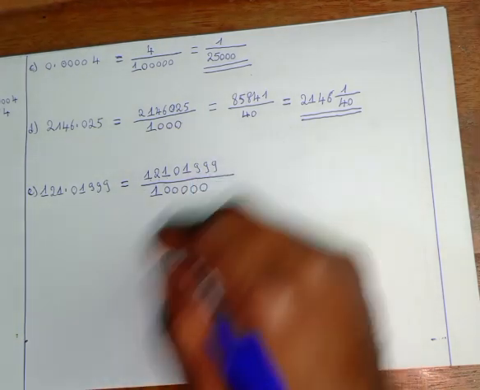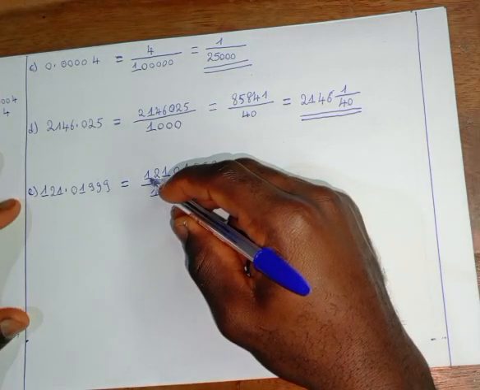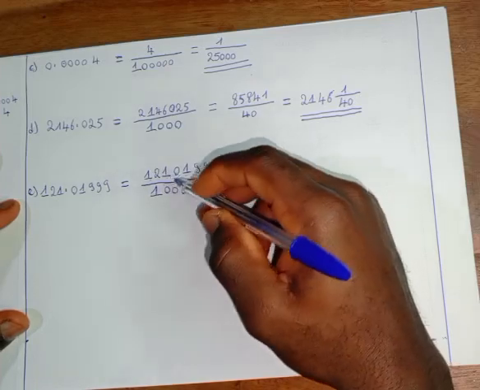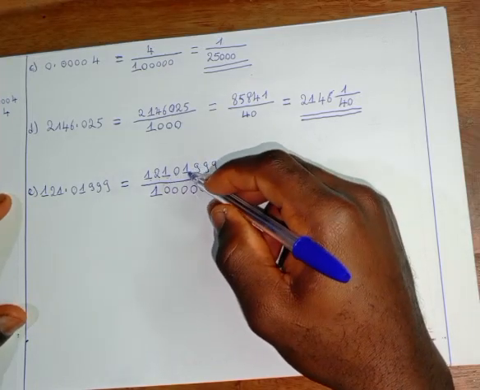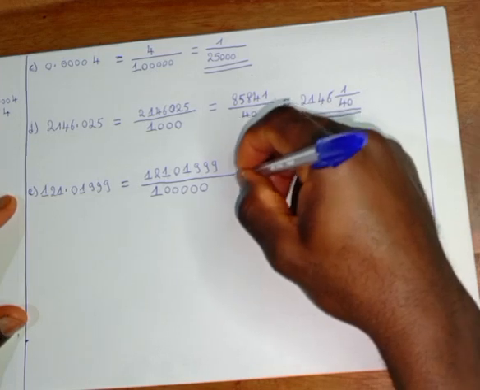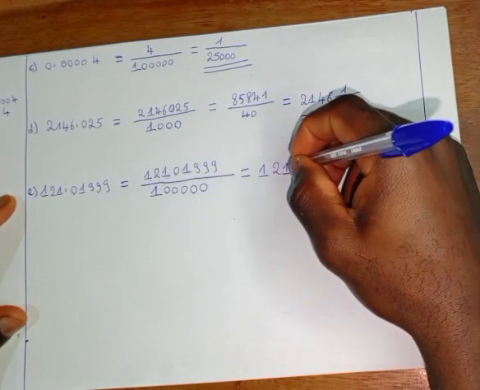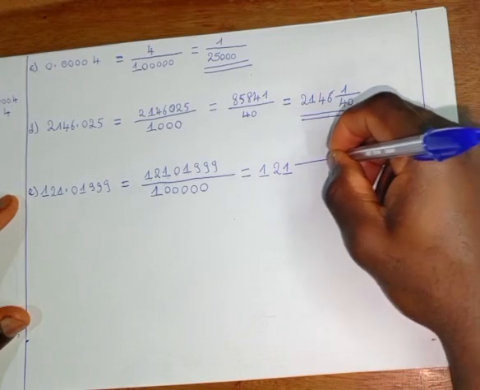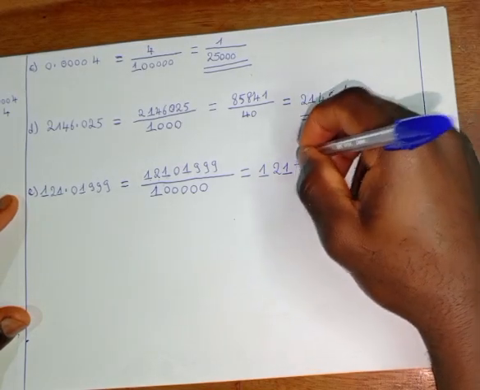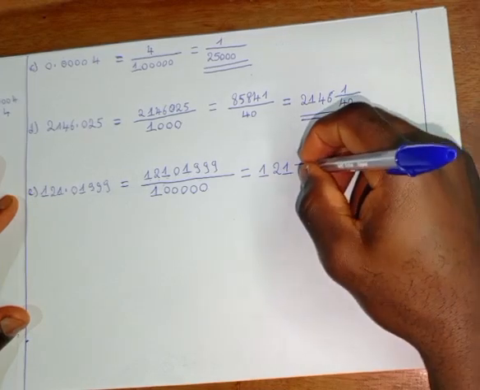Next, now we have to express this fraction as a mixed fraction. If we divide 12,101,999 by 100,000, the whole number part will simply be 121, remainder 1,999.